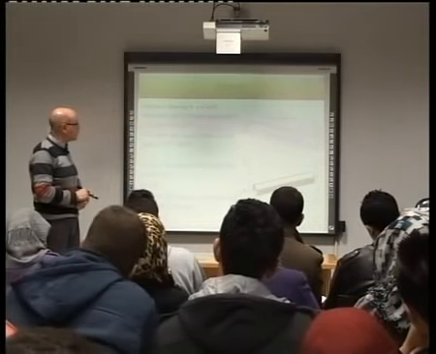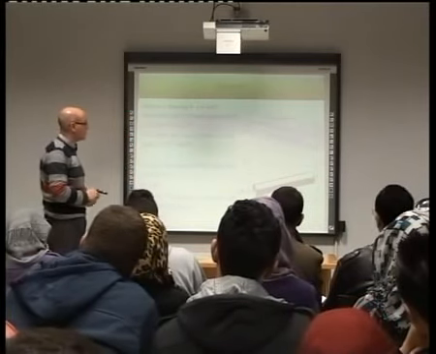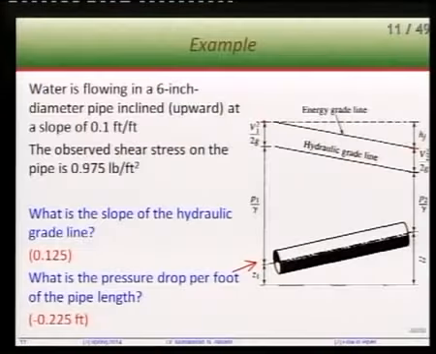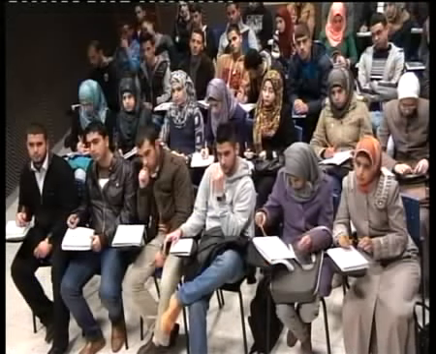At a slope of 0.1 foot per foot, this is the slope of what? There's no channel here. This is pipe. So this is the slope of the pipe. Now, is it important to know that? First of all, what is meant by 0.1 foot per foot? Exactly.